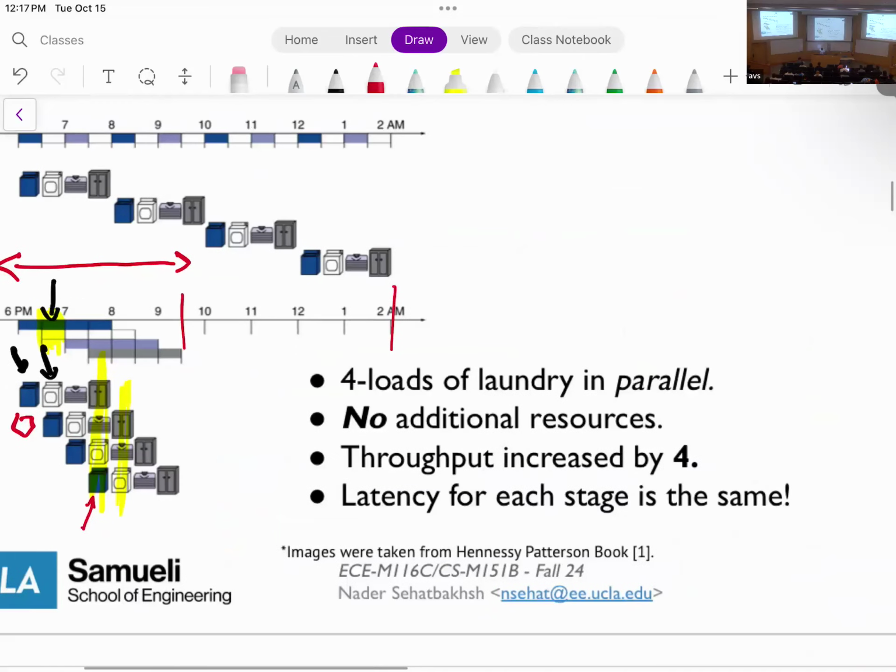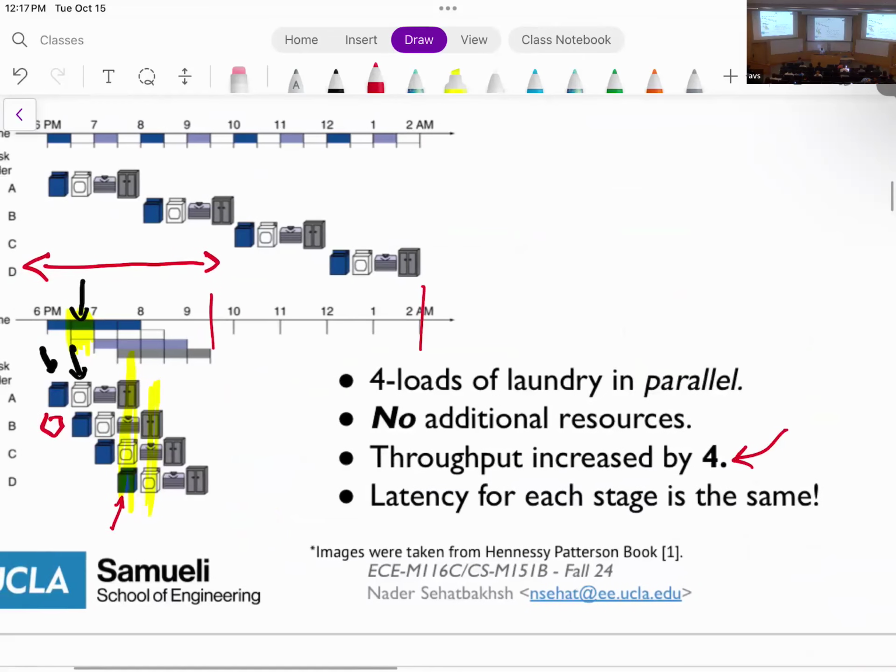So in other words, what we are doing is increasing the throughput. Still, 1 full load takes 2 hours, okay? So we are not really making each individual load or each individual instruction faster. But since I have many loads, I can parallelize this so that the entire thing takes less time.